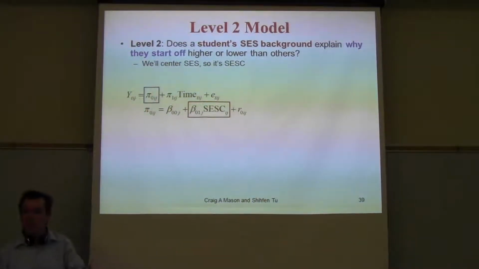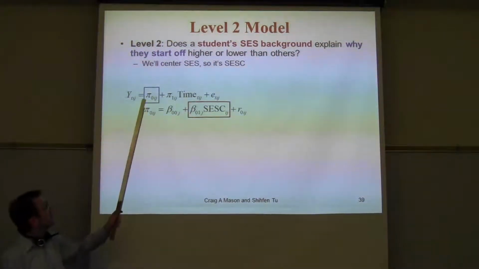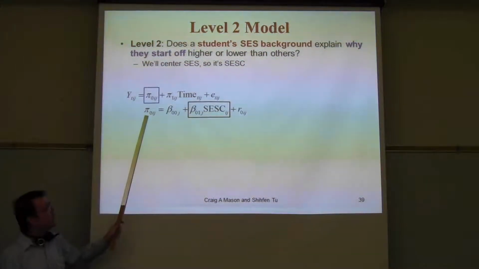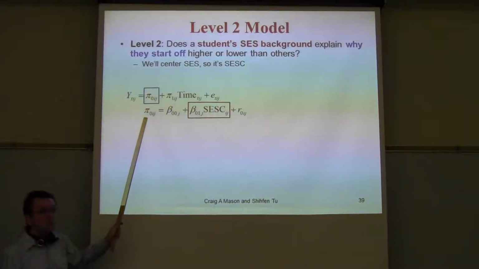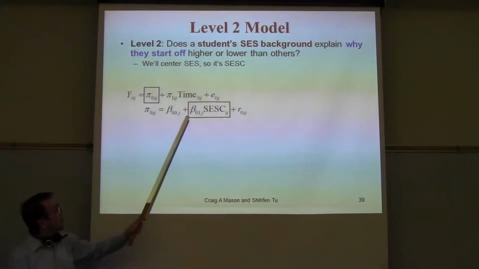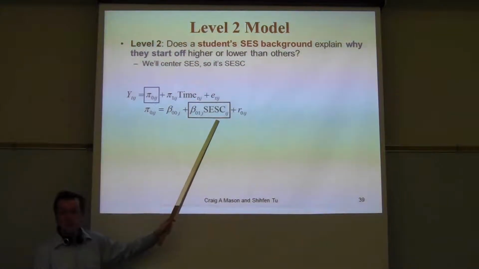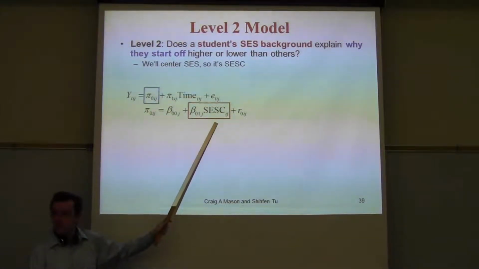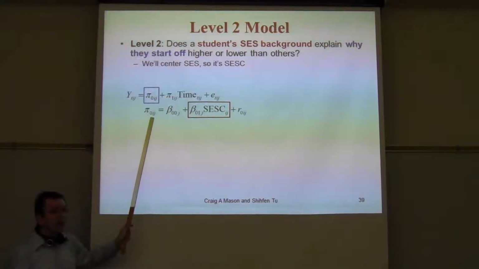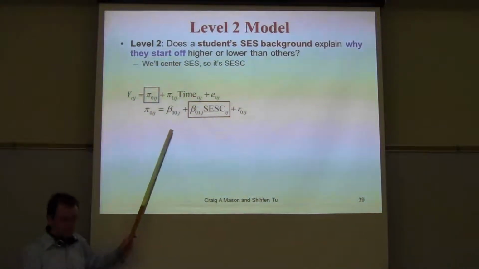Just like we saw when we made that long list of those 500 equations and saw differences, our outcome is now going to be those intercepts. We're not going to predict scores anymore. We're going to predict their intercepts. And ask, are there child characteristics, SES? Does SES for the child explain differences in their intercepts?